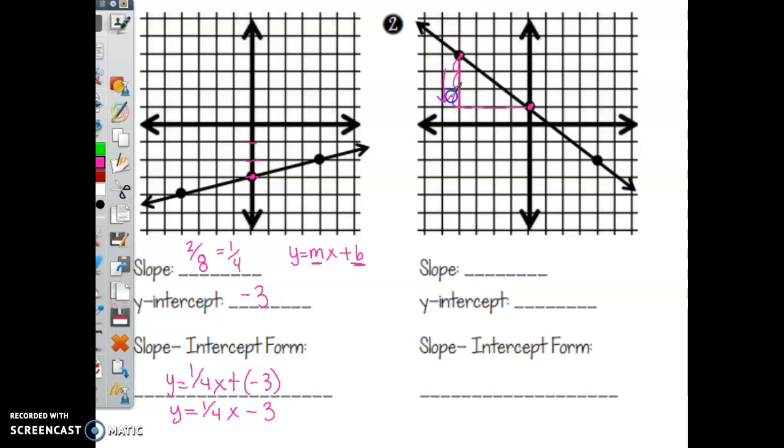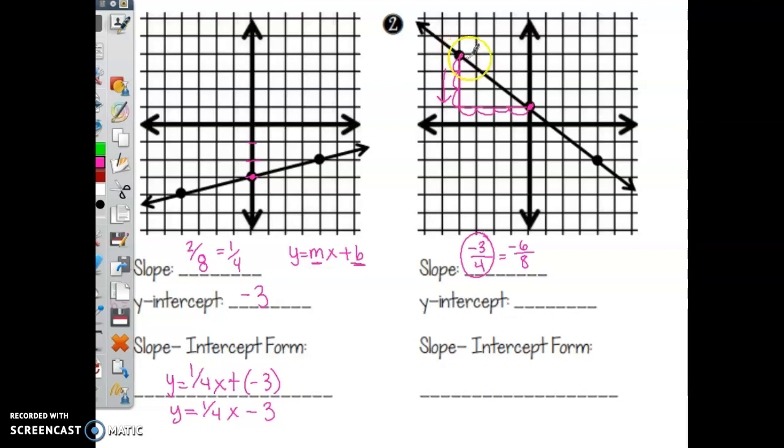So going down gets you a negative 3 over 1, 2, 3, and 4. So that's my slope. If we had gone from here to here, we would have gone down 6 and over 8, where we would have had to just reduce it down to negative 3 over 4.